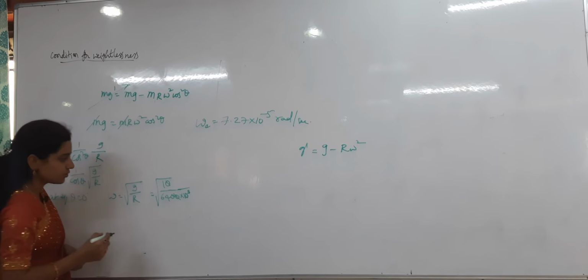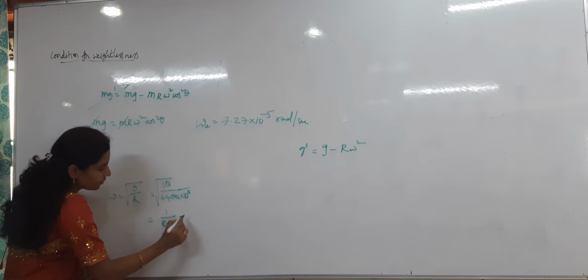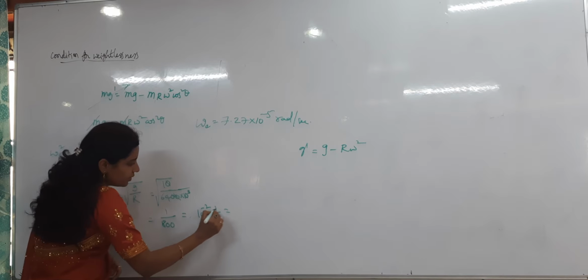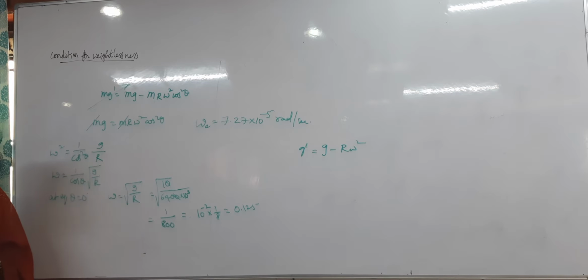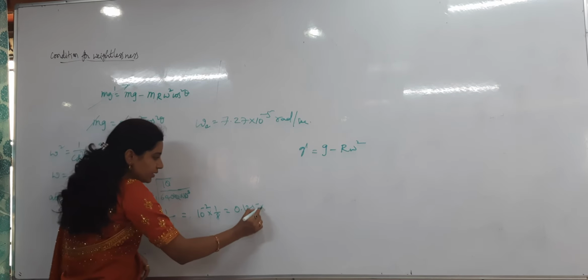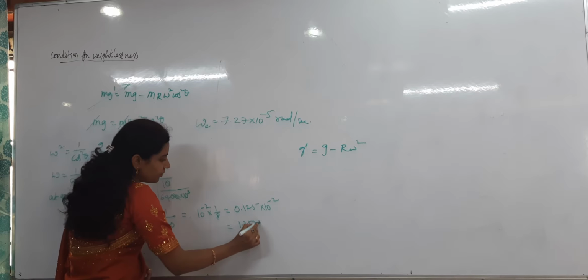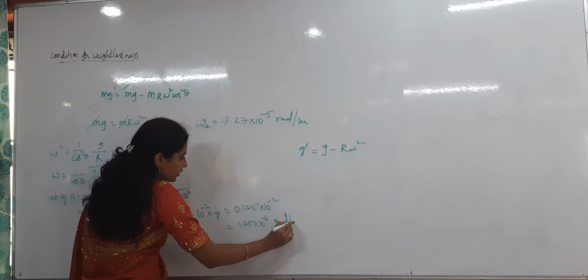Everything should be in meters only. Then what is remaining? 1 by 800. 1 by 800 is nothing but 10 power minus 2 into 1 by 8. Then this value will be how much? 0.125 I guess. Correct? 0.125 into 10 power minus 2. Then 1.25 into 10 power minus 3 radian per second.